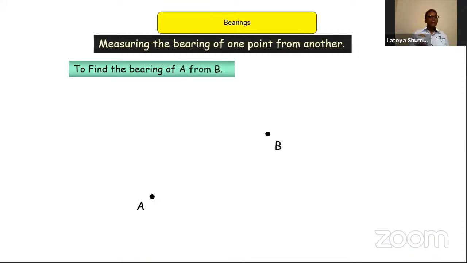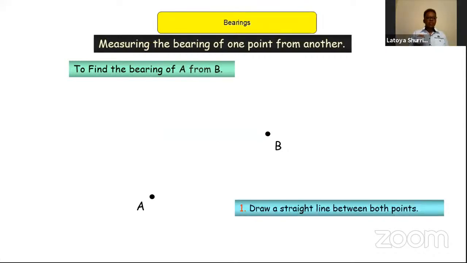Now we want to find the bearing of A from B. Where is our starting point? They're all agreeing that the starting point is in fact B. Fabulous. So what are we going to do next? We've identified our starting point, so we are now going to draw a line segment to connect both points.